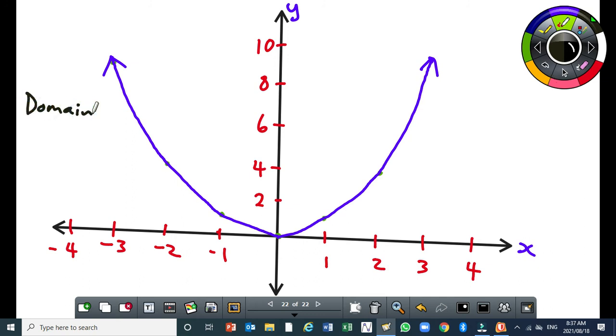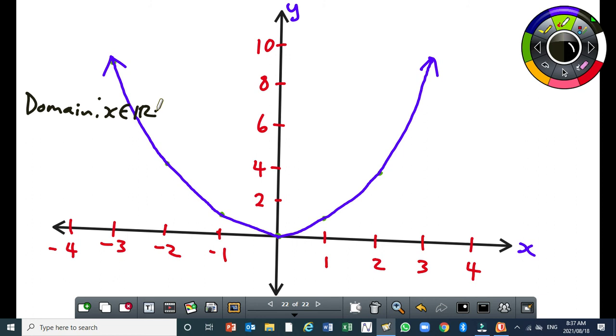Please be aware that the domain is not from -3 to 3. It's only that I only selected part of the domain to sketch this. But the domain is x is an element of real numbers. So you're starting from negative infinity up to positive infinity.